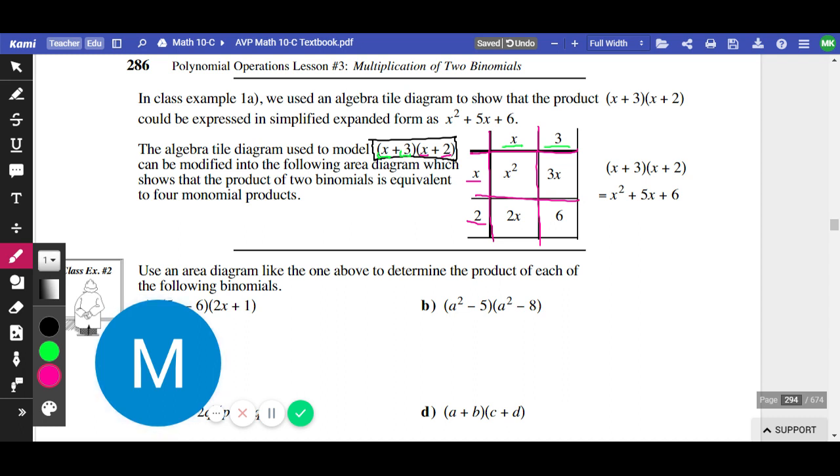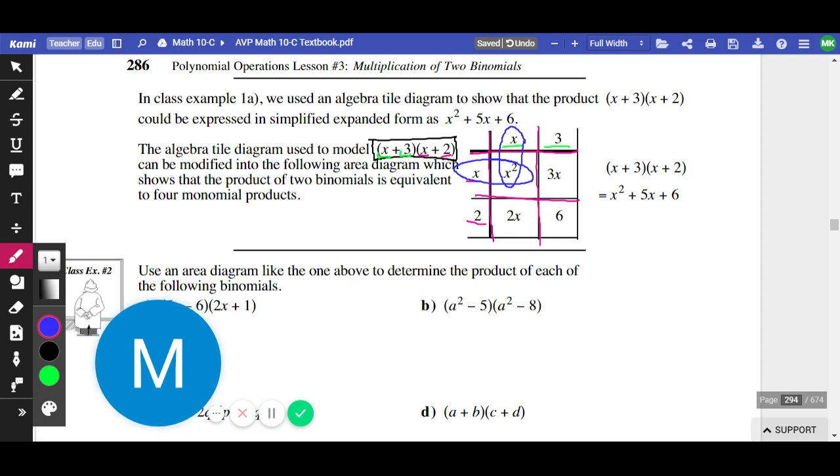The inside part of the grid is what happens when you multiply the column by the row. Right? So if you did x times x, it creates x squared. You're going column by row to create the middle part.